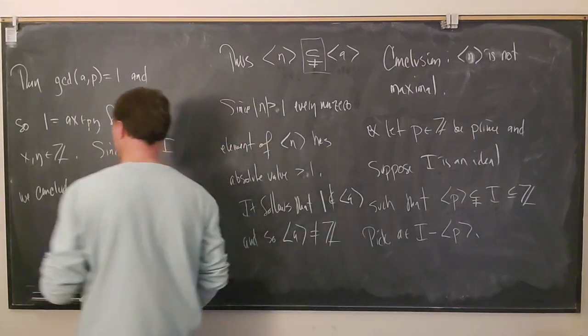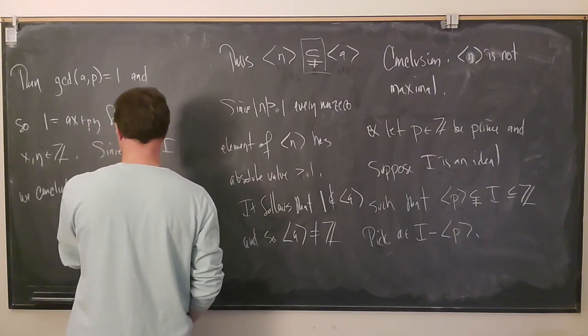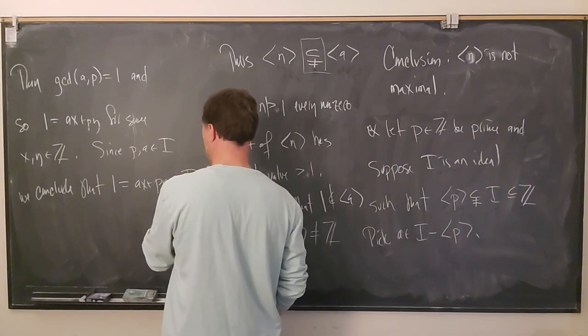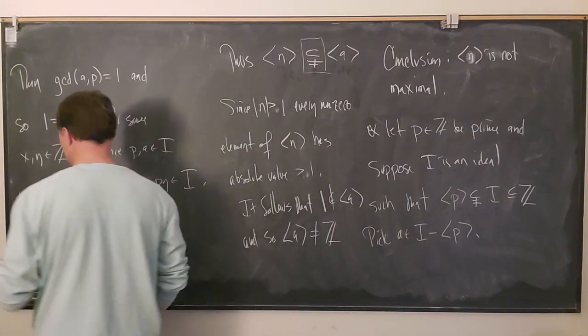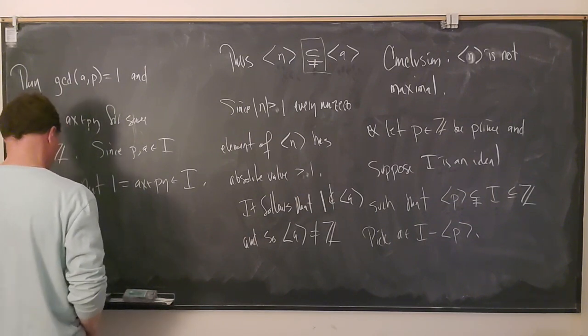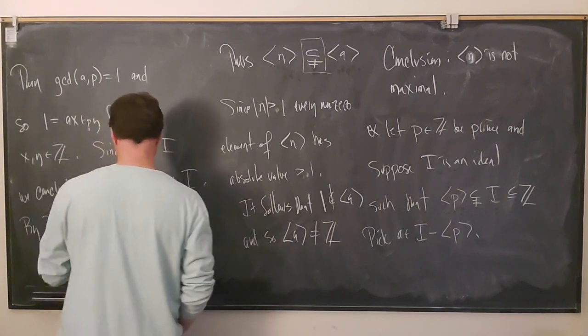So we conclude that 1, which is AX plus PY, is an element of capital I. By our previous theorem, I think that's 27.1, I has to equal Z.